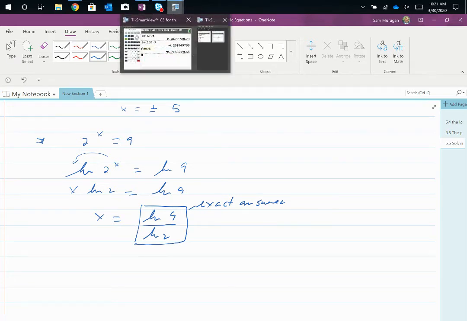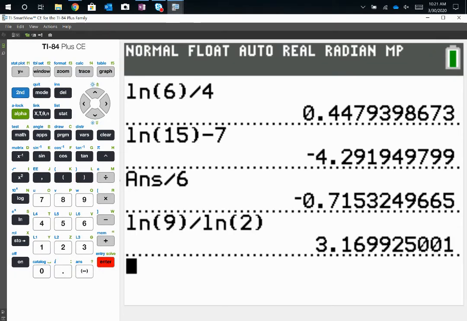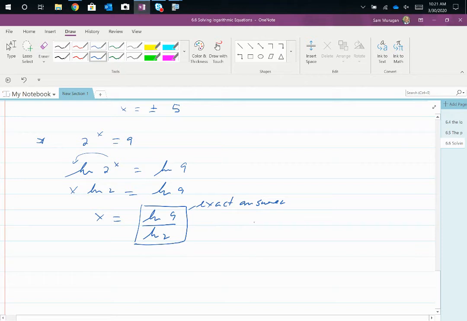Okay, you put that into the calculator as logarithm 9 divided by logarithm 2, and get the answer approximately 3.17.